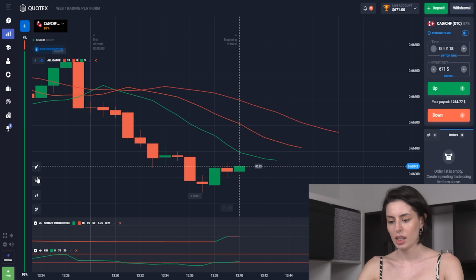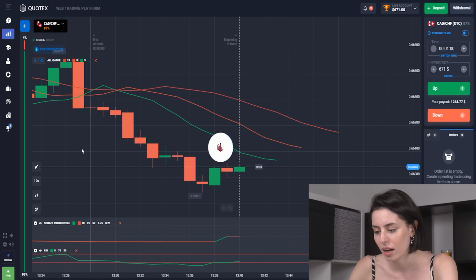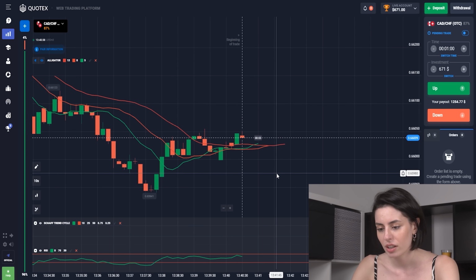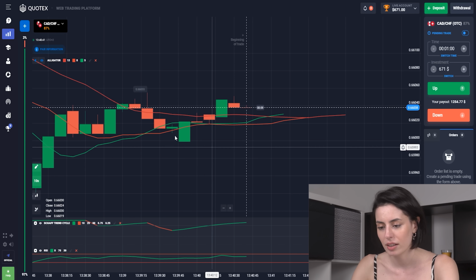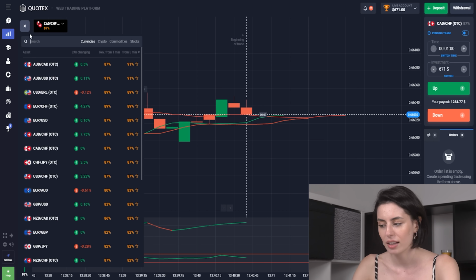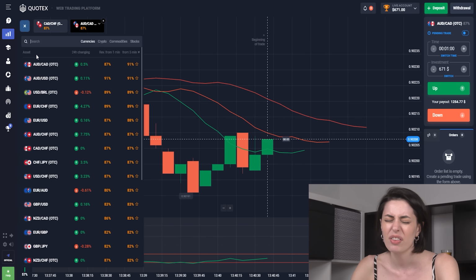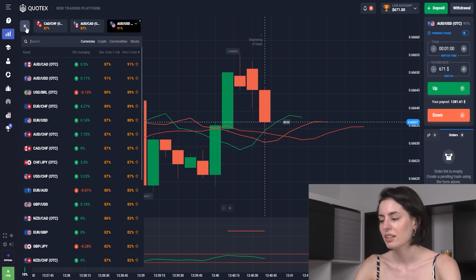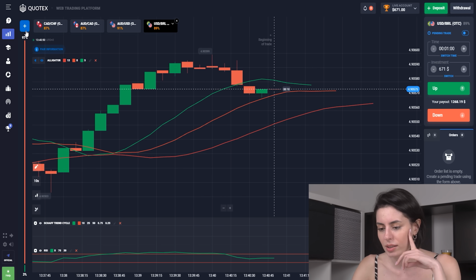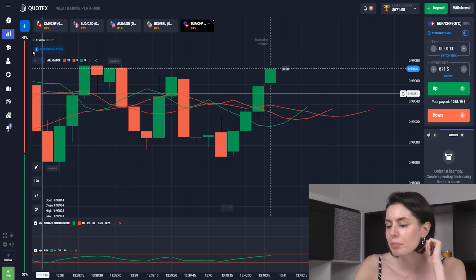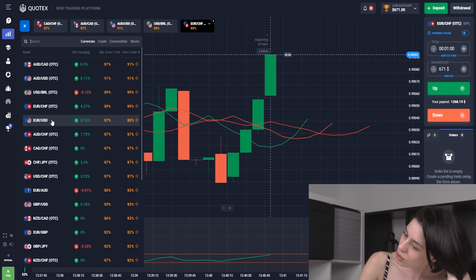Just 10 seconds gonna be for the candles. Still trading on these tiny candles and repeating that again, I left for 30 seconds. Just got a little bit lost in language. And currency pairs with the biggest payouts.